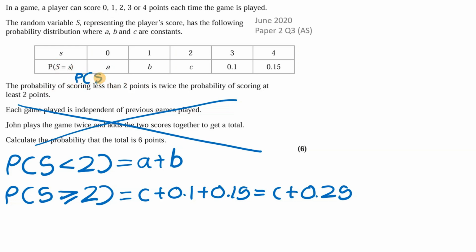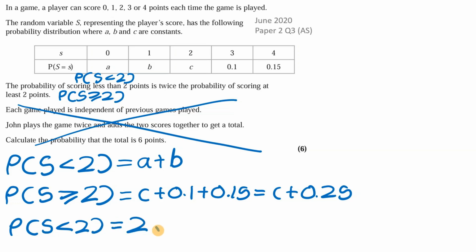Okay, so this is saying the probability of scoring less than 2 points, so the probability that S is less than 2, is twice the probability of scoring at least 2 points, so the probability that S is bigger than or equal to 2. So what this means is the probability that S is less than 2 is equal to 2 times the probability that S is bigger than or equal to 2.